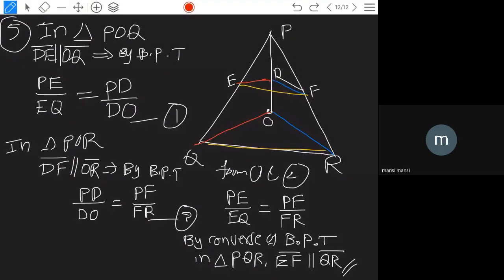So then by the basic proportionality theorem, in the triangle POR, we are going to get PD by DO is equal to PF by FR. Now from these two you can write that PE by EQ is equal to PF by FR.